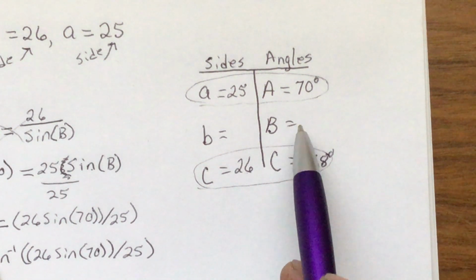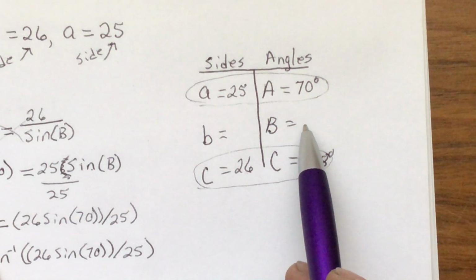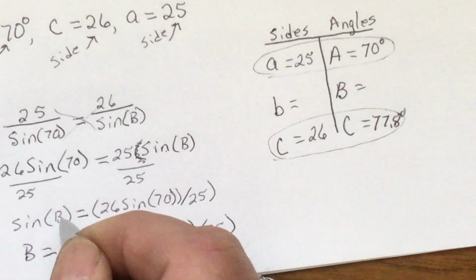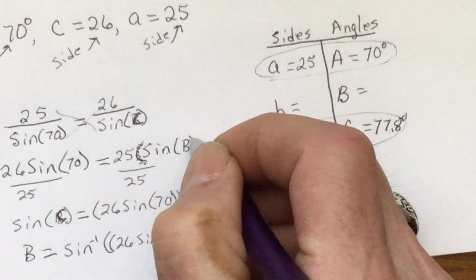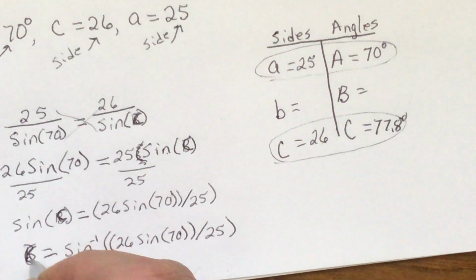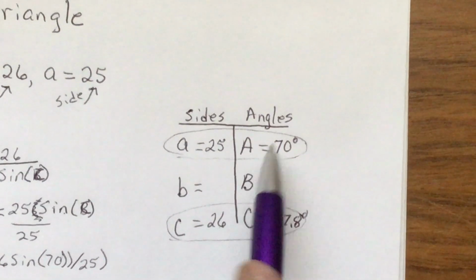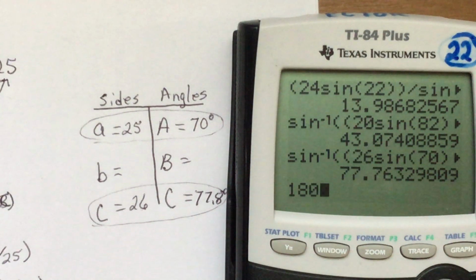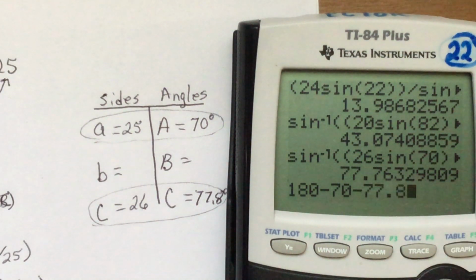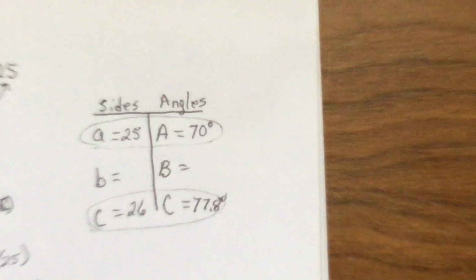But what you don't have to do is calculate with sine another angle. To get the measure of angle, I said B, that's C. What am I thinking? C. To get the measure of angle B, we just start with 180 and we subtract off the two angles that we do know. So here we go. 180 minus 70 minus 77.8. 32.2. Angle B is 32.2.